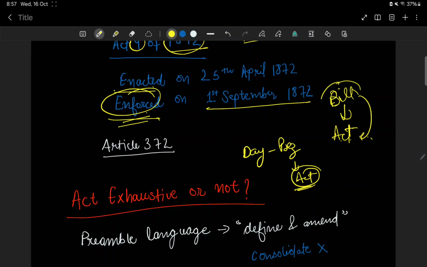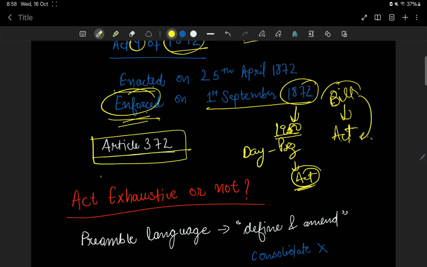Now, a question might arise that it is the Act of 1872. Then how is it applicable even after 1950, when our own constitution was already in force? This is by virtue of Article 372.